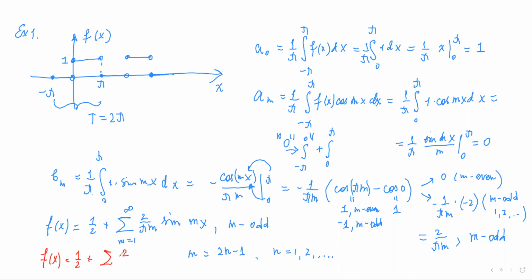Sigma, 2 over pi. Instead of m, I'm going to write down 2n minus 1. By the way, you can write 2n plus 1 and then start with 0. And from 1 to infinity, sine of 2n minus 1 multiplied by x. Oh, now this thing is interfering. I'm going to move this. Okay, I'm just going to write it over here.